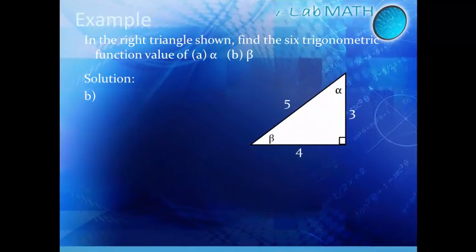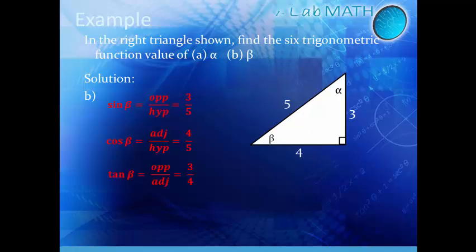How about considering another acute angle beta? Sine beta equals opposite over hypotenuse equals 3/5. Cosine beta equals adjacent over hypotenuse equals 4/5. Tangent beta equals opposite over adjacent equals 3/4.